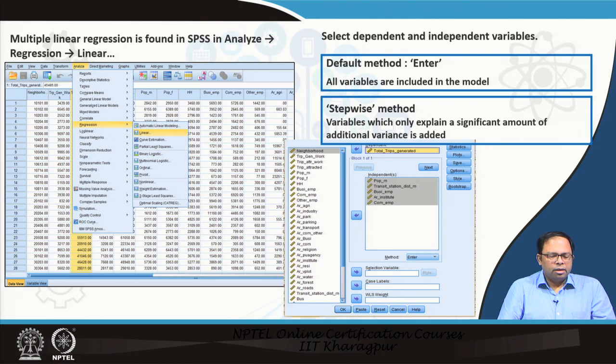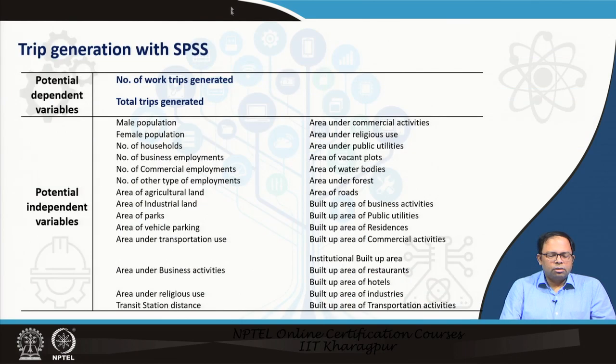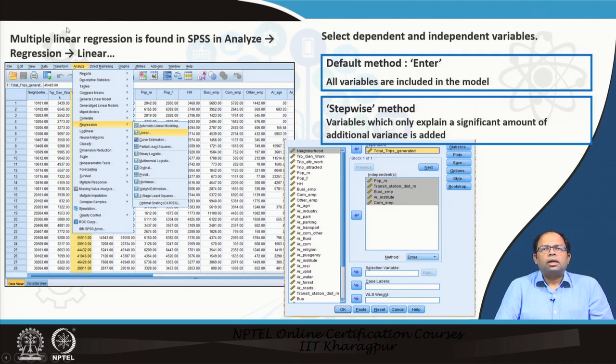So, what we need to do is go to SPSS, and there we go to the menu option. In SPSS, the first menu option is Analyze, and then within Regression we have Linear Regression. Once we do that, we automatically get this box where we need to add the different variables, that means our dependent variable as well as the independent variables.